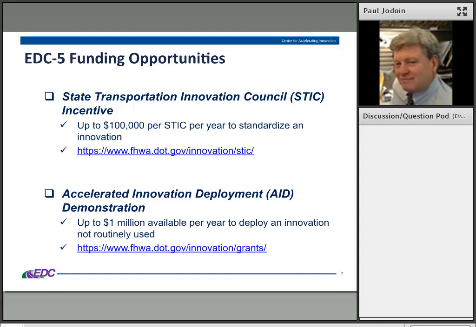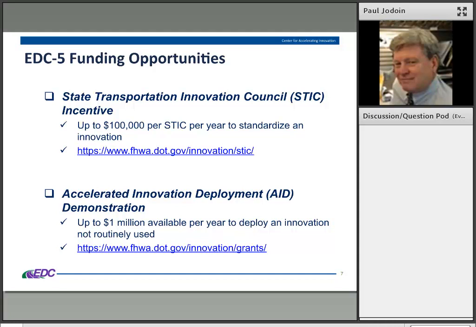But if you have an idea that you might need a little bit of money for, I know it's not a lot of money, but go to your state innovation council and you can make an application to them, and I think they're pretty flexible if you come up with a pretty good idea. Some states are more competitive than others for getting that little bit of money.